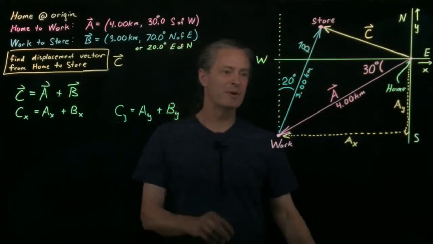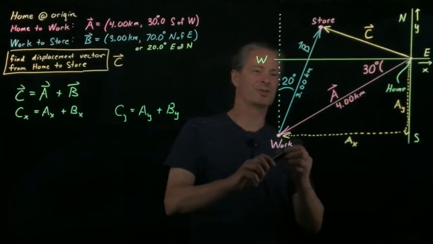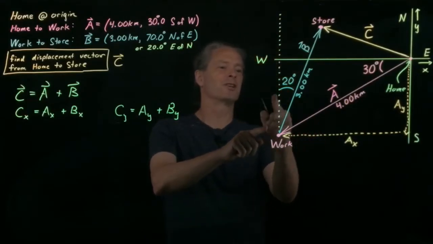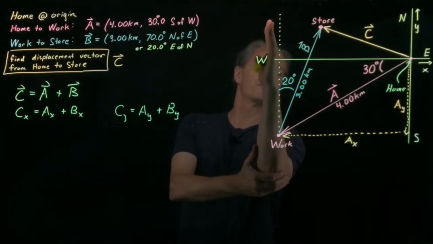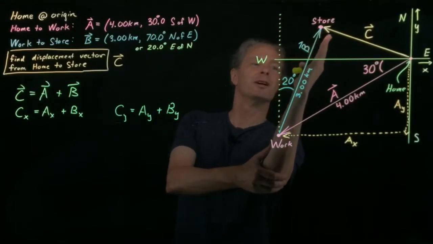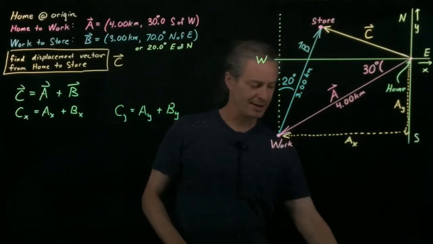Great. While I'm at it, I'll break up my vector B. I use the same thing. Actually, I've already got a dotted line here, which I use as my northward line to determine this 20 degrees east of north. All right, so I can shorten that up.